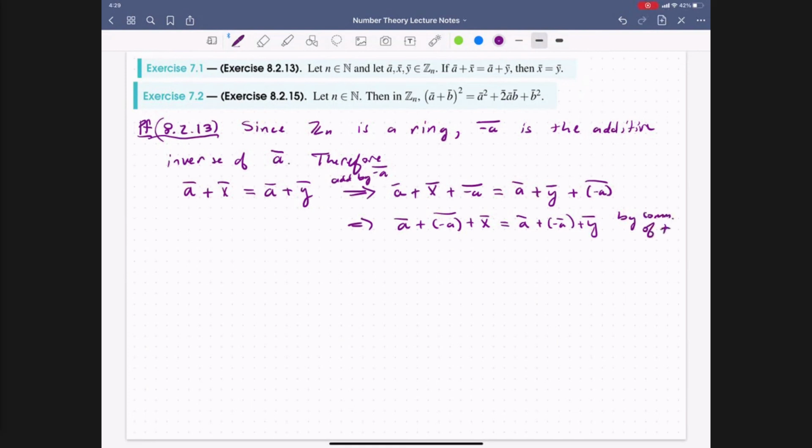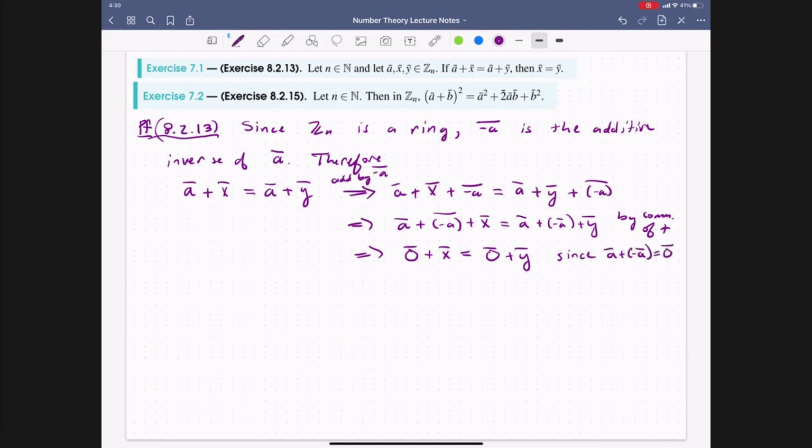And so we have done this. And now we use the fact that a bar plus negative a bar is 0 bar, since we're looking at the additive inverse of a.